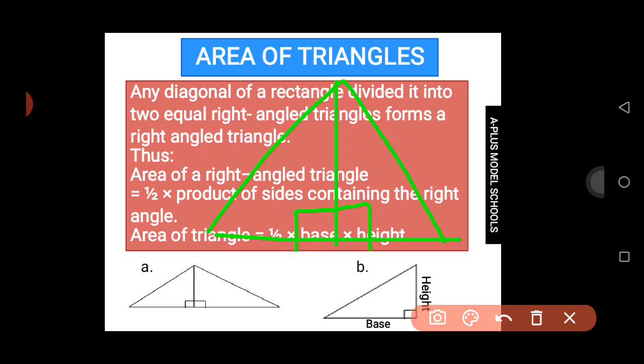So the bisector that you use to divide the triangle into 2 will be your height, where the bottom of the triangle will be your base. So the formula for finding the area of a triangle is half base times height. Are we together?